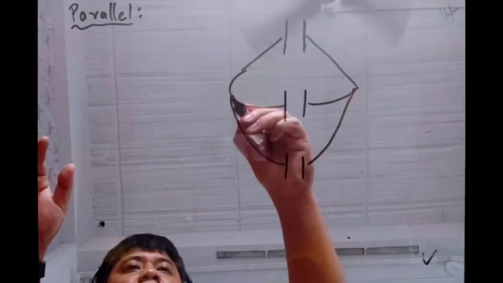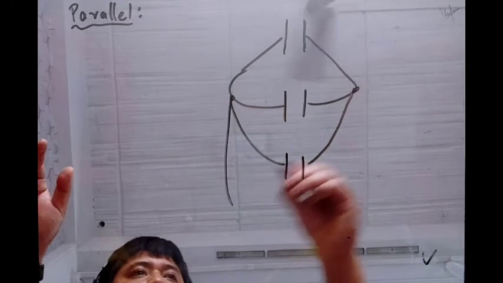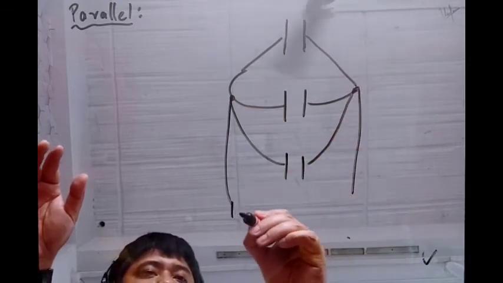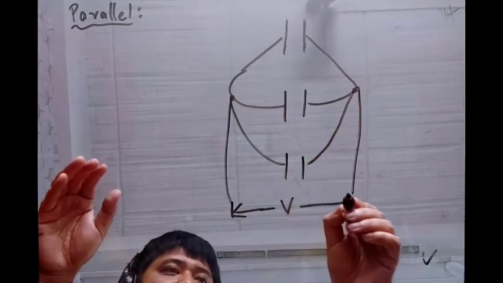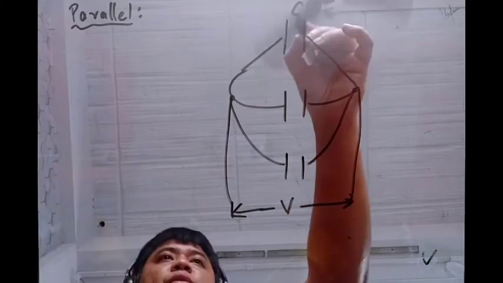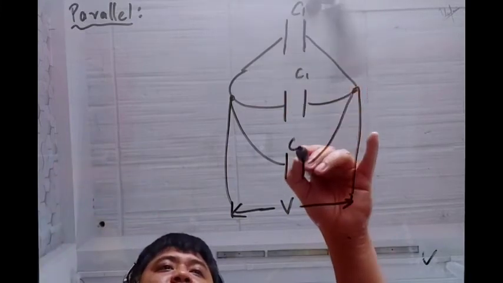Okay, and the combination is connected to potential difference V. C1, C2, and C3.